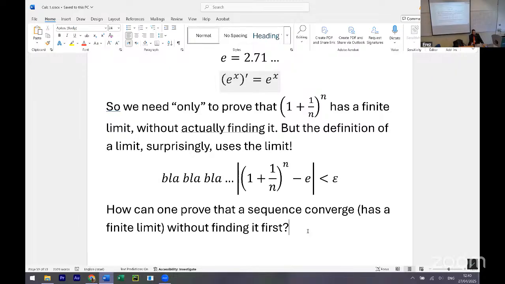Important as in a question in the test, okay? But that's the question we are dealing with now. How can one prove that the sequence has a limit without being able to calculate it and using the limit definition? Yes, Thomas. Can we make a sandwich?